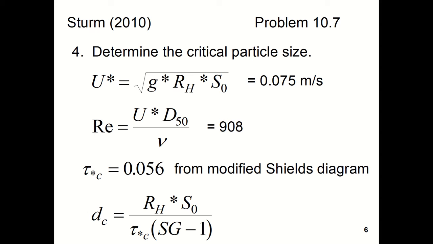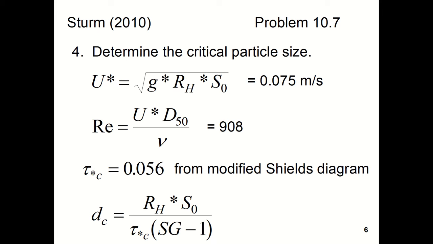So the shear velocity is 0.075 meters per second. We would then take that and put it into the Reynolds number equation to determine the shear Reynolds number. So that's u star times D50 divided by nu, which is the kinematic viscosity of water.